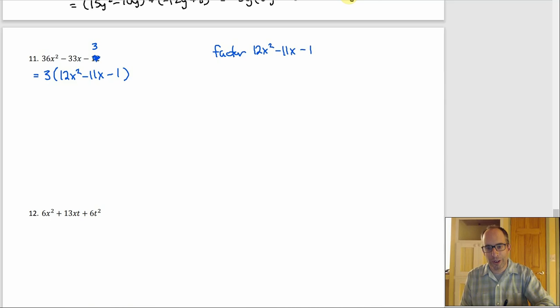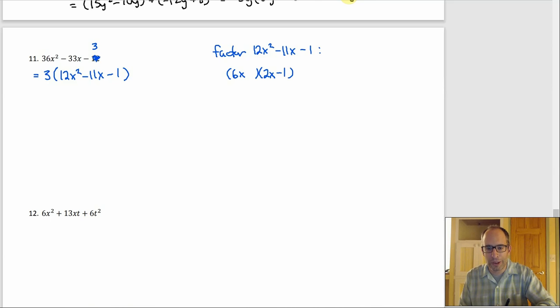For 12x squared, you could have a bunch of different options. You could have 6x with 2x, 4x with 3x, 12x with x, right? So you could try different things here, and you've got to get that negative middle term. So what I would be doing is trying to angle it. In order to get that negative, you want it in the second one, so that it gets multiplied by the big coefficient here.